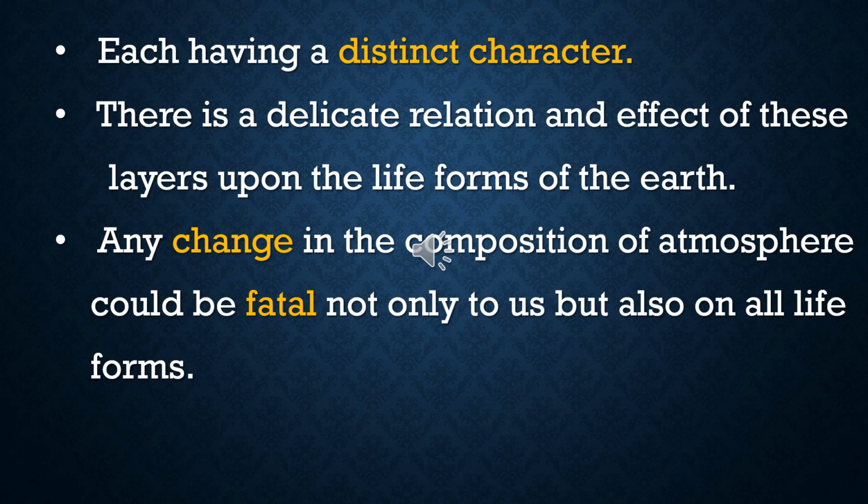We discussed this thing. So if there is mismanagement in the composition of atmosphere, in the percentage of gases, it will be fatal, not only for us but also for all other organisms, on plants, on living organisms, or on all animals.